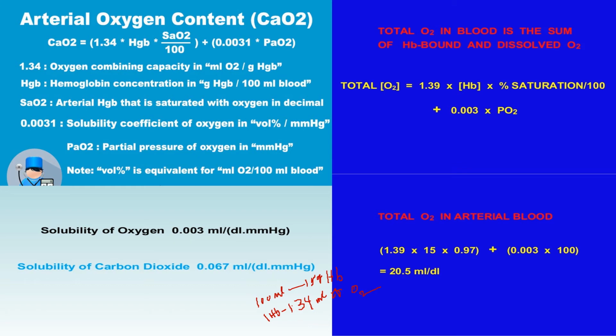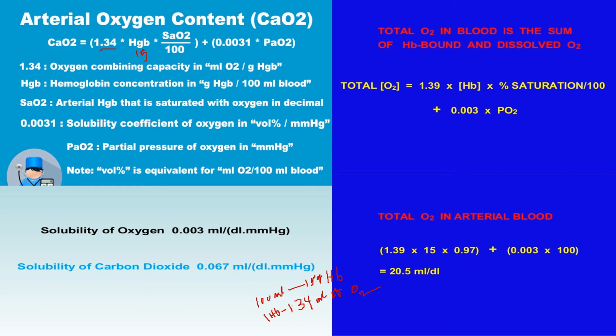So, the formula here is: arterial oxygen content is equal to the volume of oxygen carried by the hemoglobin, that is each gram of hemoglobin carries 1.34 ml of oxygen, times the hemoglobin present in 100 ml of blood, which is 15 grams, times the percentage of saturation of oxygen.